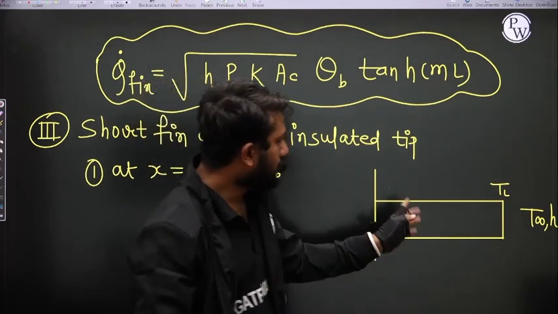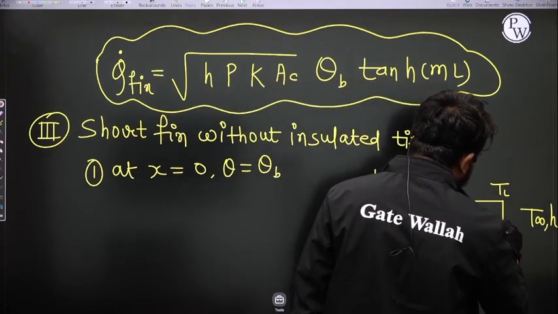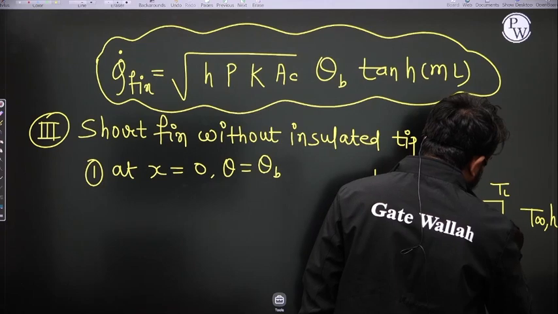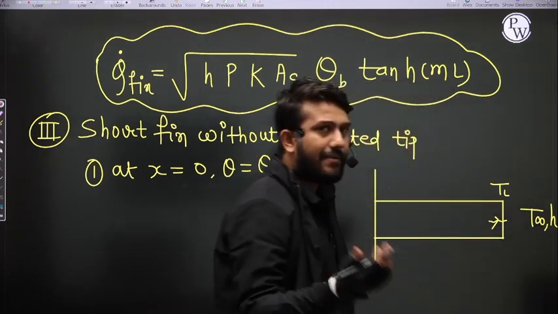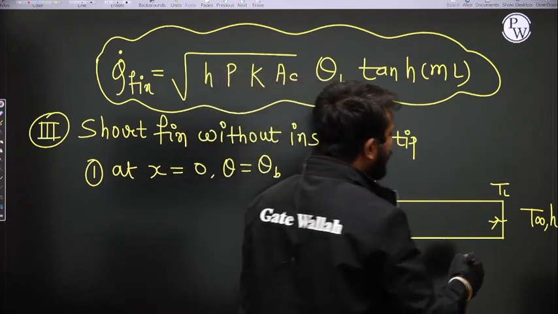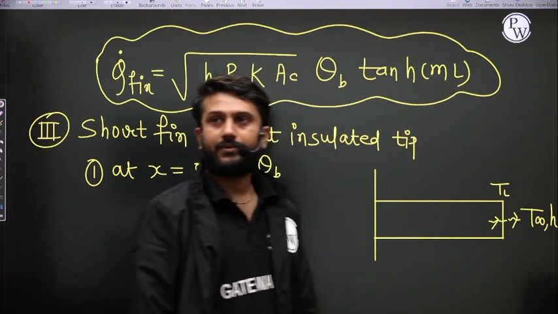Okay. So within the fin, the rate of heat transfer is via conduction, and outside the fin, that means in the ambient, the rate of heat transfer occurs through convection.